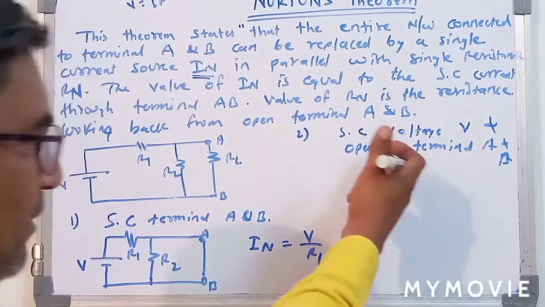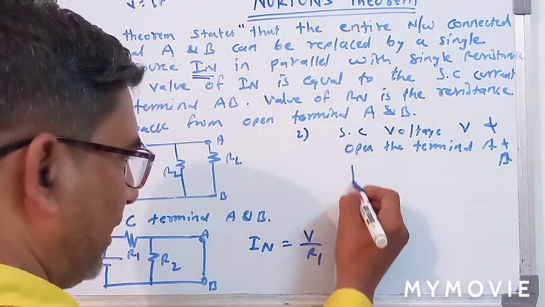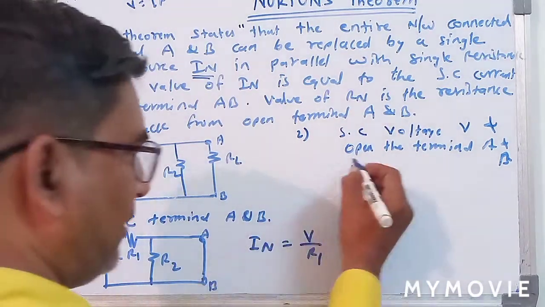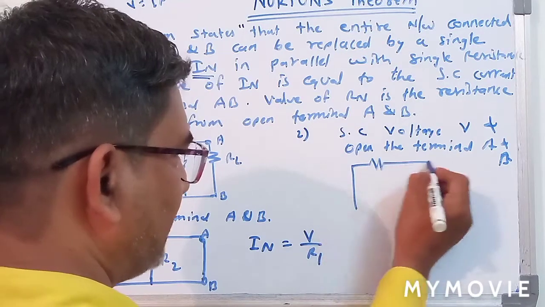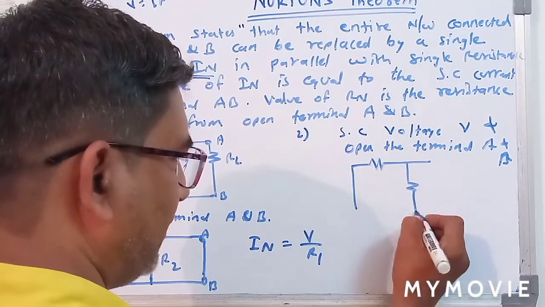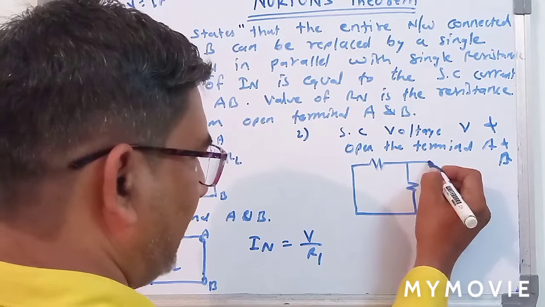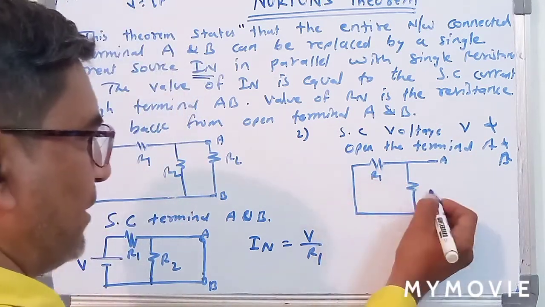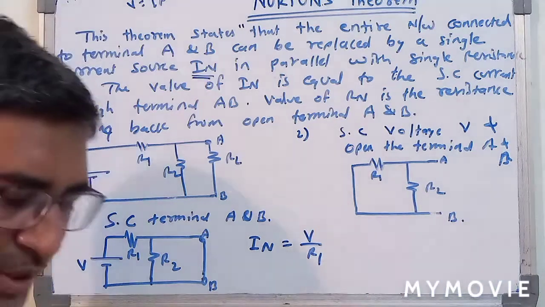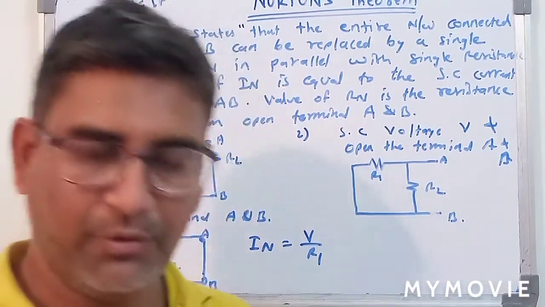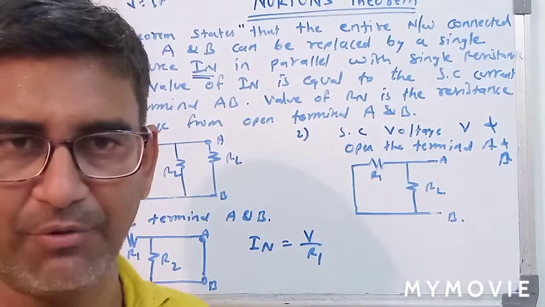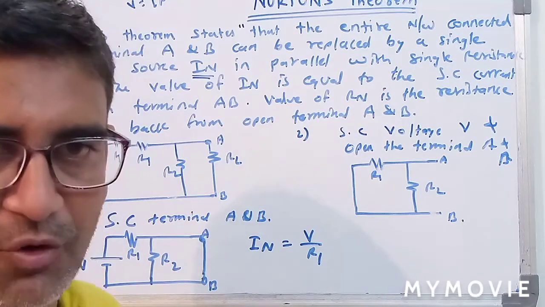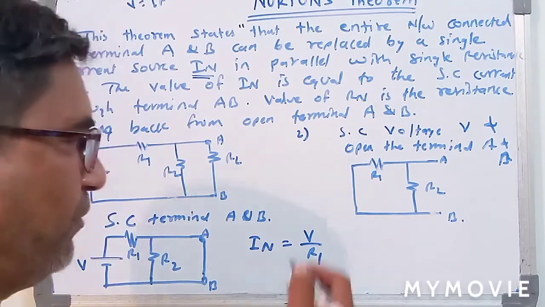Okay, as per the statement, we have short circuited the voltage source. What remains? Only the resistances, and the terminals A and B are open. Here is the R1 resistance, and here the R2 resistance is obtained.